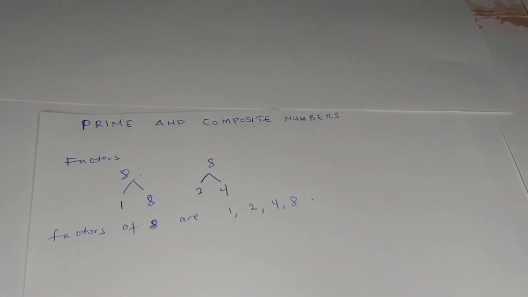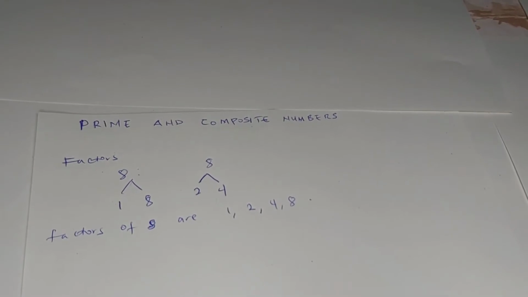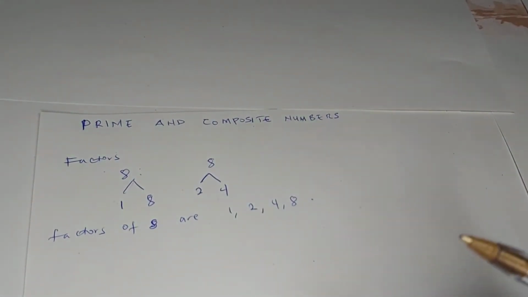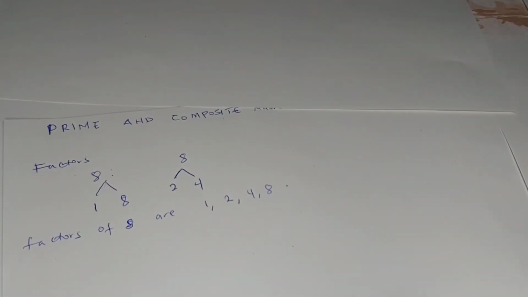In the process, we are finding the product of a given number, in this case 8. This is factorization.